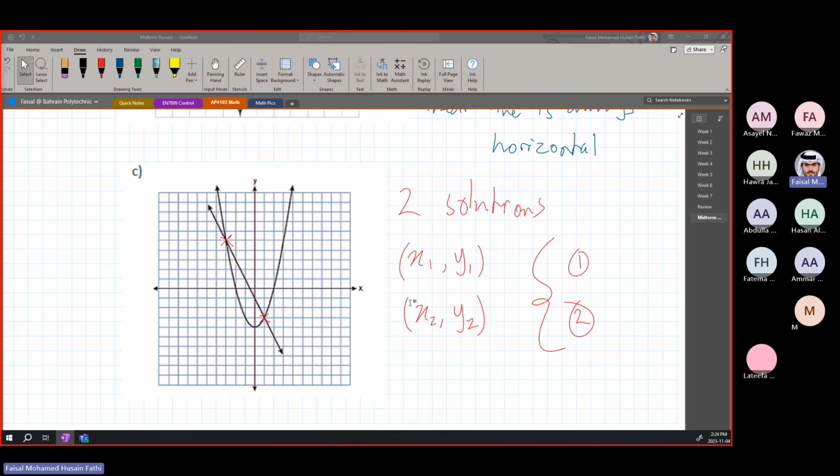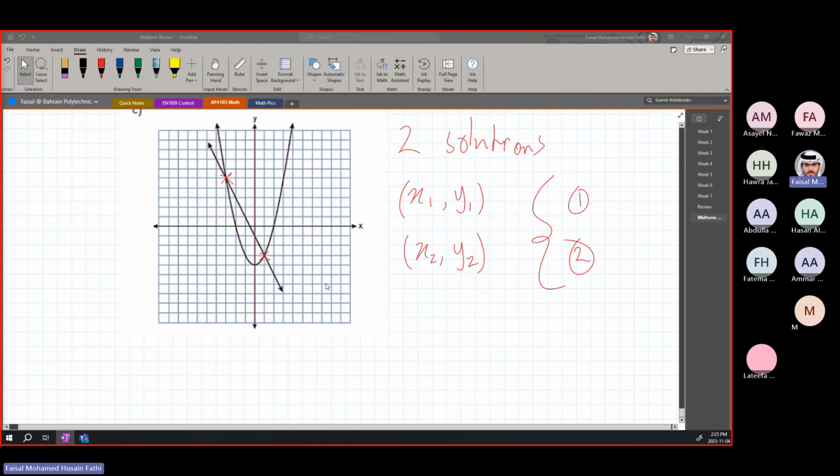You find the equations of the line, you write your simultaneous equations and then you solve them. And when you solve the simultaneous equations, the points that you get are going to be the same as the intersection points. They can ask them in many different ways, but you just have to understand that the solution of a simultaneous equation will give you the intersection points, no matter what question they ask.